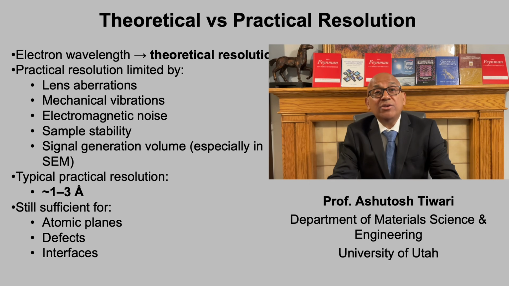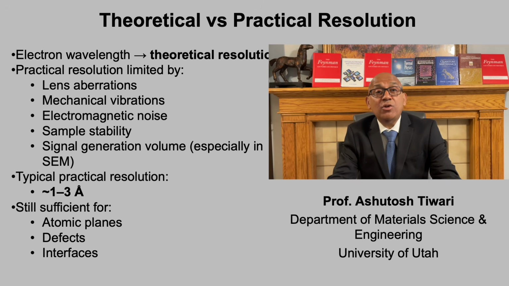In scanning electron microscopy, there is an additional and very important limitation, the signal generation volume. Even if the electron beam itself is extremely small, the detected signal, such as secondary or backscattered electrons, originates from a finite region inside the material.